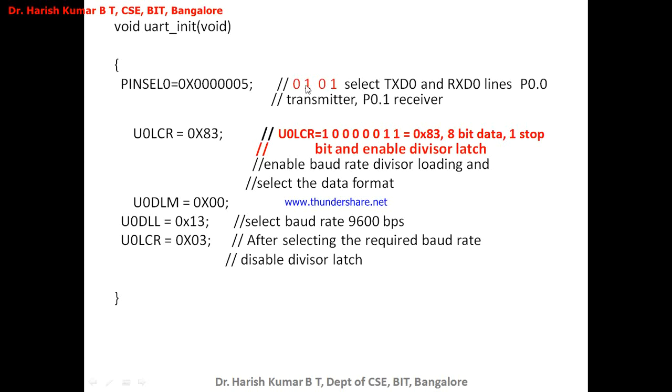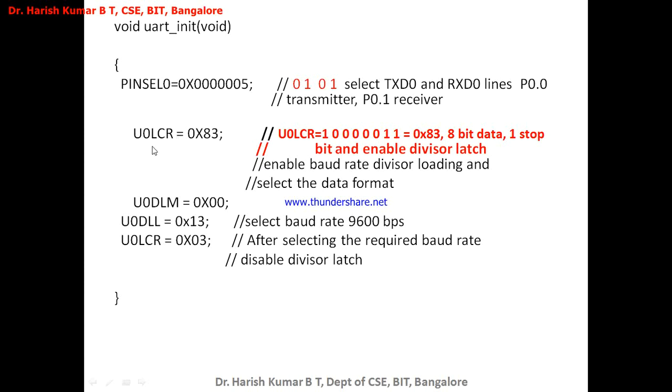Similarly, if I give this bit also 0 0, you have P0.1 acting in GPIO mode, but I don't want it to operate in the GPIO mode. I want it to access the receiver. When I give 0 1 to the second bit and the third bit of pin cell 0, you have P0.1 functioning as the receiver. Now we have P0.0 functioning as transmitter and P0.1 functioning as receiver. That is what I'm doing.